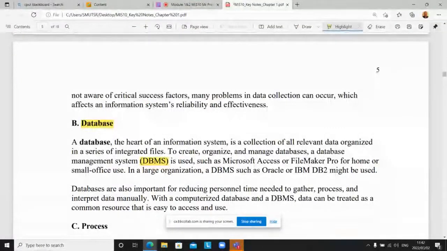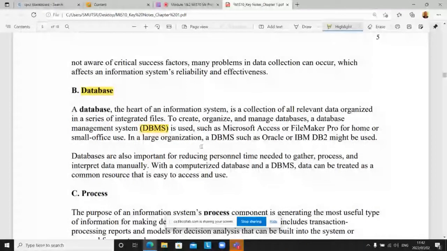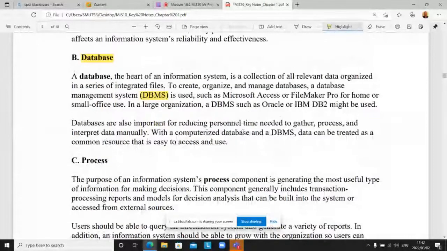So therefore, we are going to use something called a database, which basically has in it tables which look like spreadsheets, which are related to each other. And the information will go through a registration program, and it will then go and be stored in the database for quick retrieval.